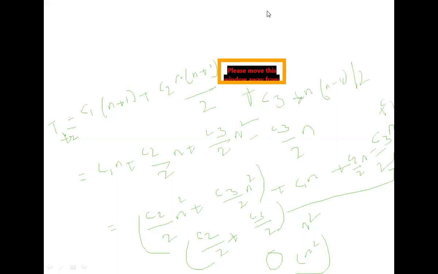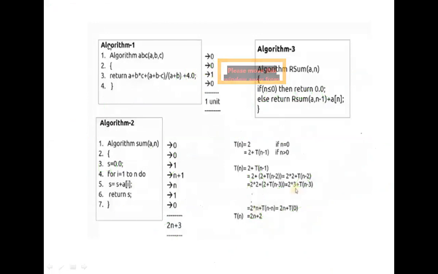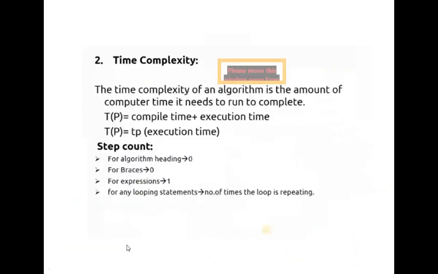I already told you that for initialization or declaration, for headings or braces, the count is only 0. For an expression, the initialization expression count is 1.